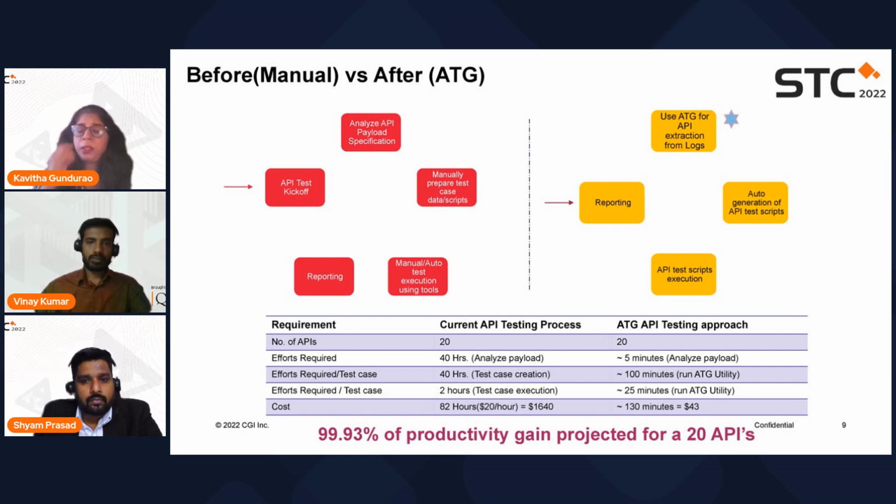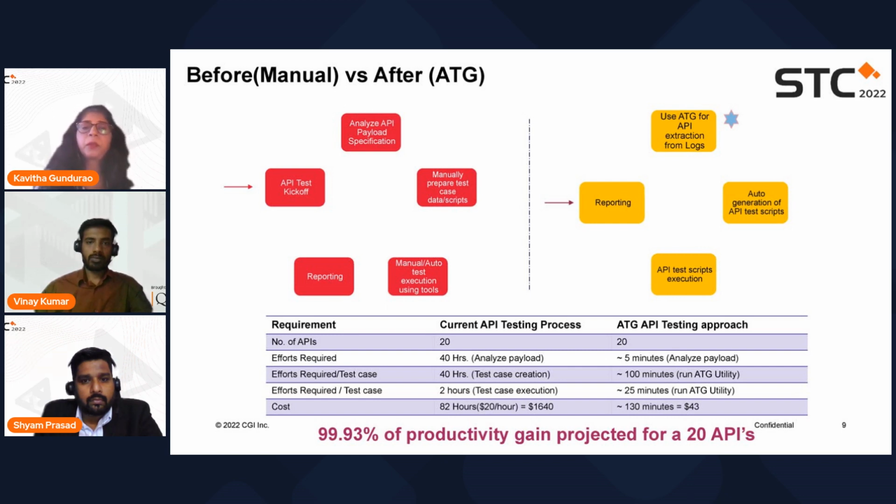In a nutshell, it was a little more than 2 hours, and the cost was about $43. So the productivity gain with this tool has been more than 99%, and that's where we feel this is a much better approach. All of our API automation will take this approach going forward.